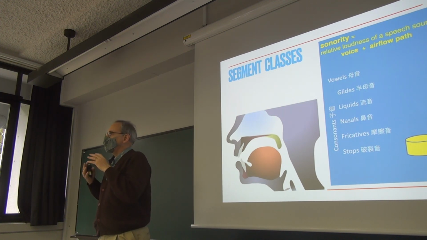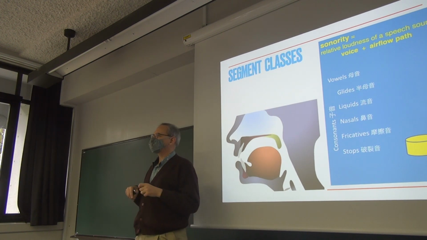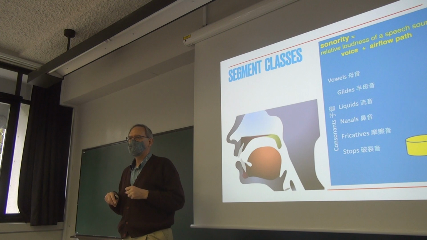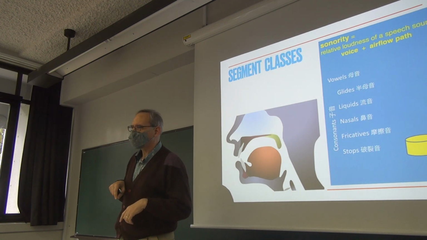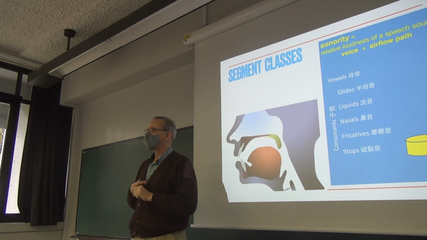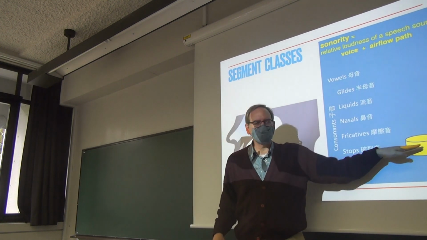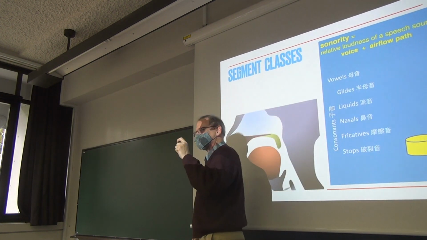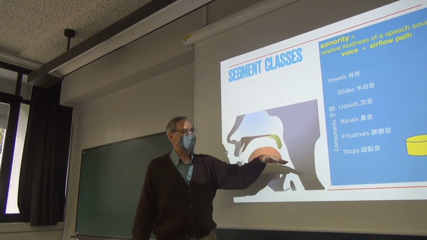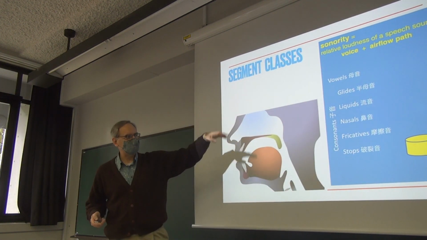Now, many of them do not involve the voice. The sound p, whether p or t, k, has no voice and no airflow. So basically there's no sonority. Now, I've included a little disc here, so it looks like there's a little bit, but in fact, technically there's no sonority, but it's the lowest level.